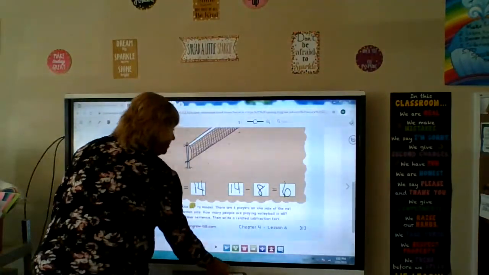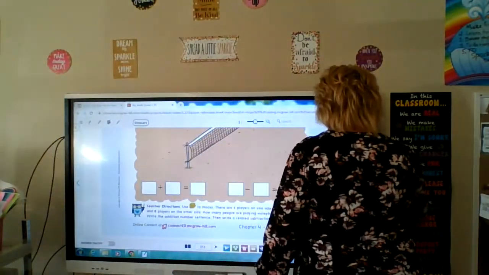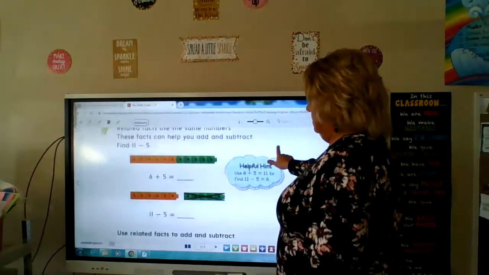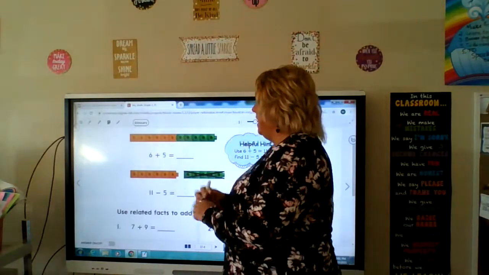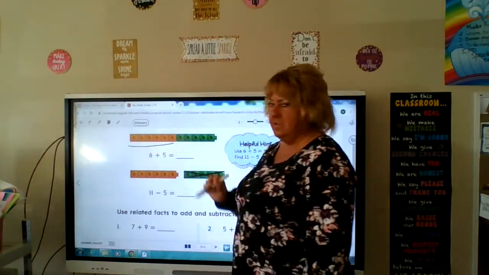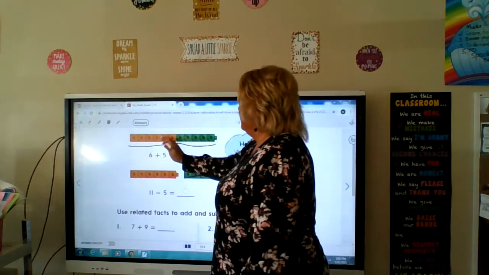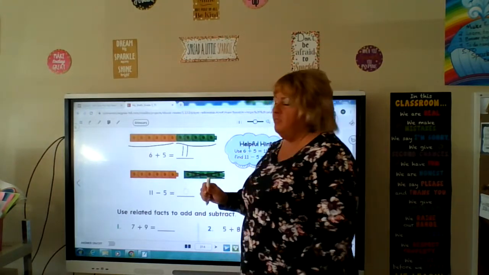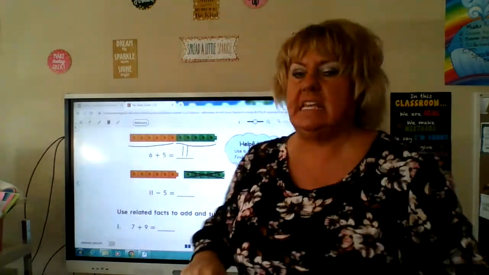Okay, let's try the other side. So here we have 6 Unifix cubes, or 6 cubes. Here we have 5. 6 plus 5 is 11. So we added those together. We added the orange and the green together.